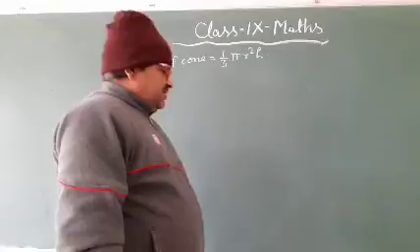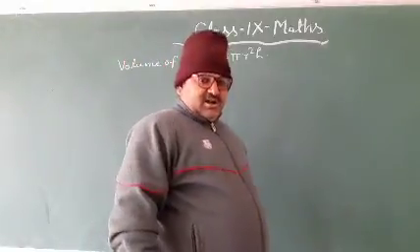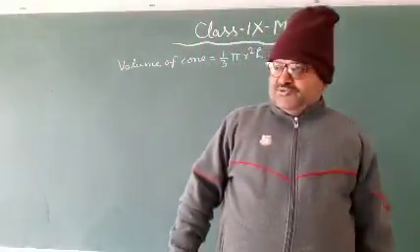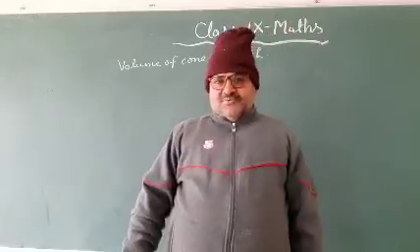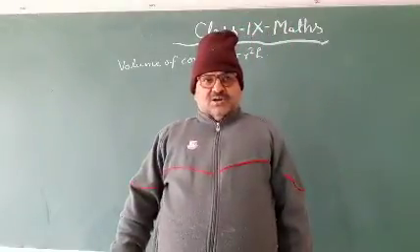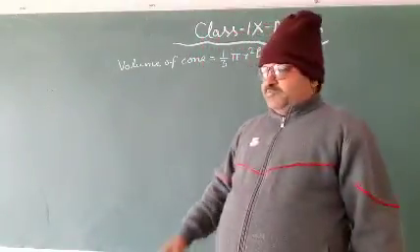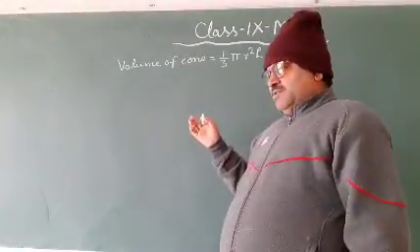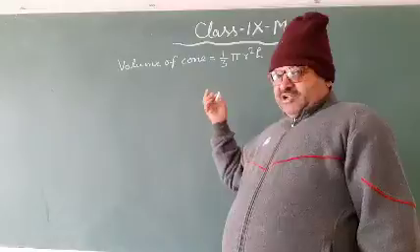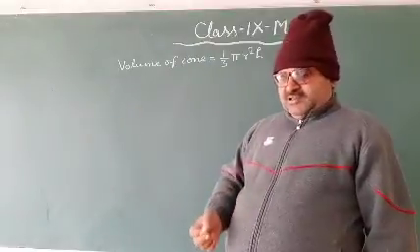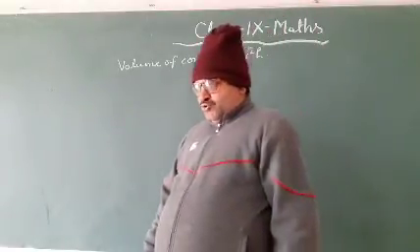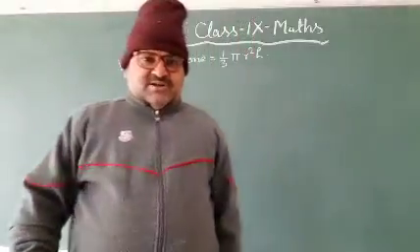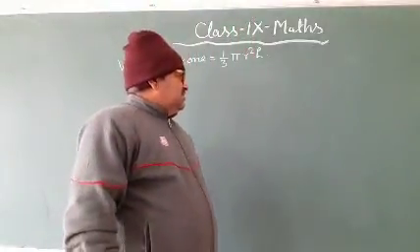If the radius and height are given, then you find the volume of a cone. Otherwise, if the volume and radius are given, find the height, and if the volume and height are given, find the radius. So, such examples are given.